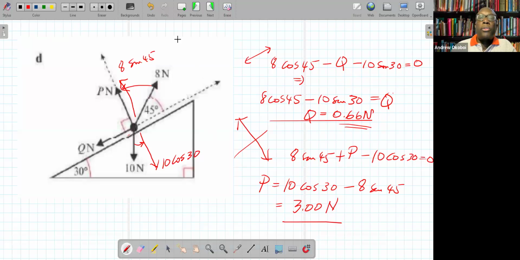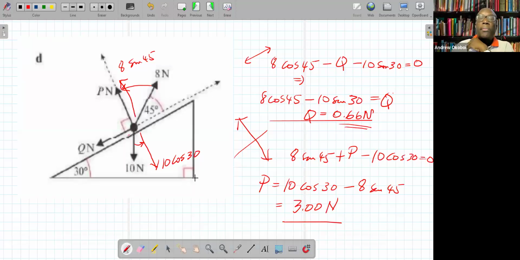So if I go back to my calculator here and I put in exactly the equation, but the value for P that I have, I'll say 8 sine 45 plus 3, because P is 3, minus 10 cos 30. I should get an answer that's very close to 0. And it is very, very small. So that shows you have done it correctly.